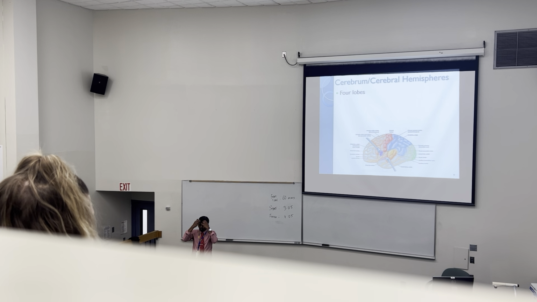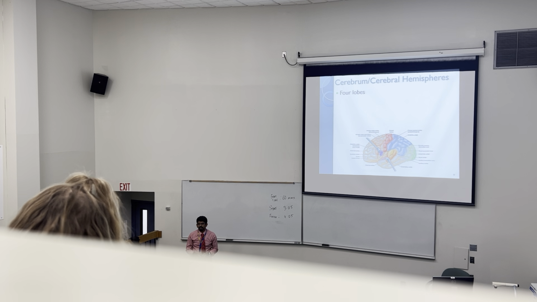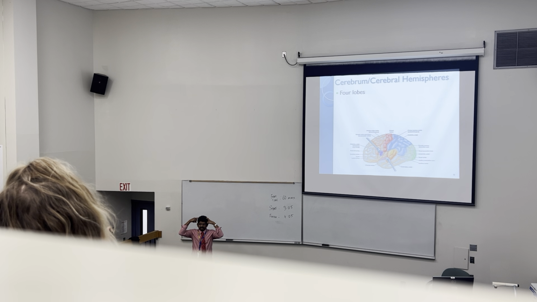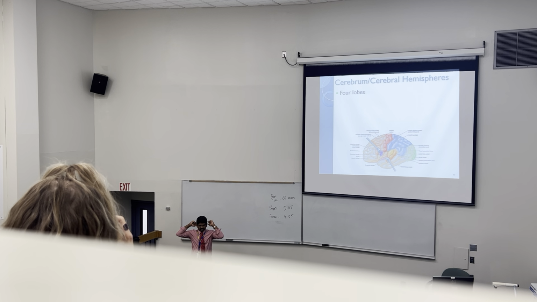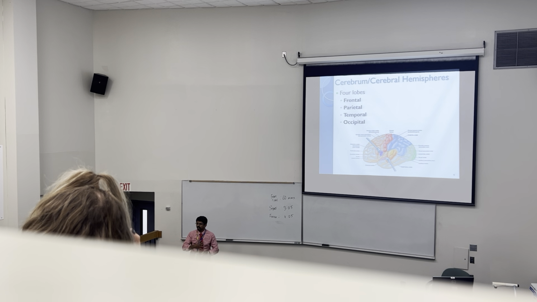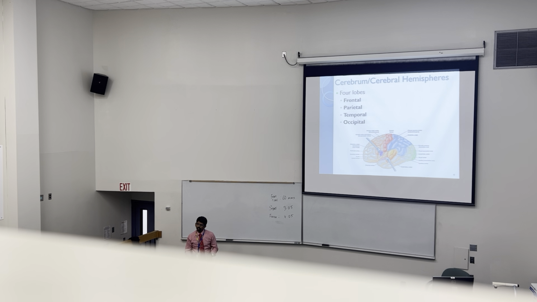So we'll talk about the four lobes, then we'll talk about some of the sulci related to them. What are the four bones making up our cranium? Frontal, parietal, occipital, temporal. Same names for the cerebrum's four main lobes. There are smaller ones, but these are the four main ones.